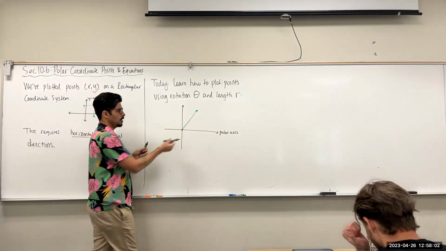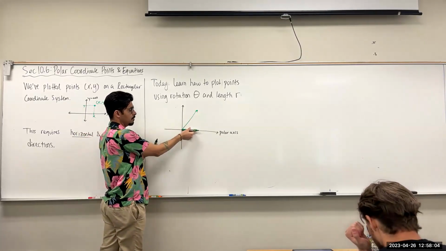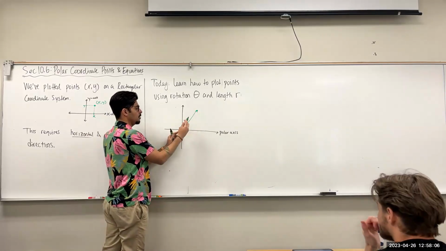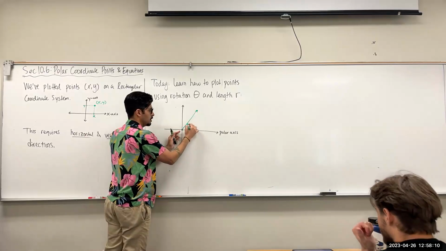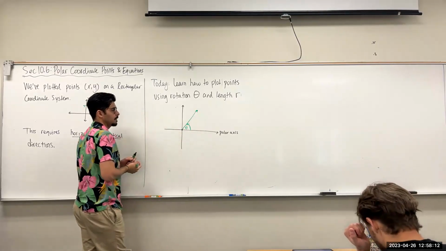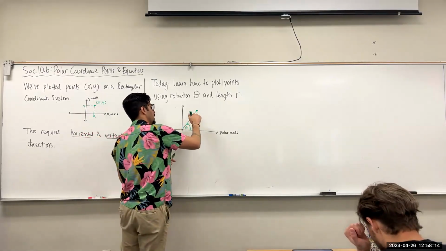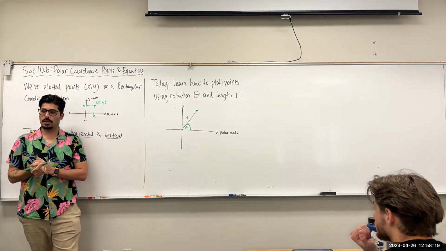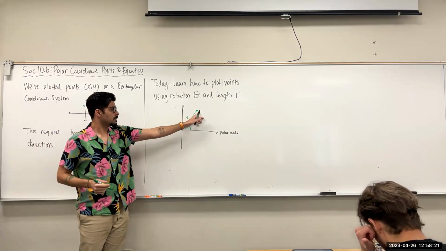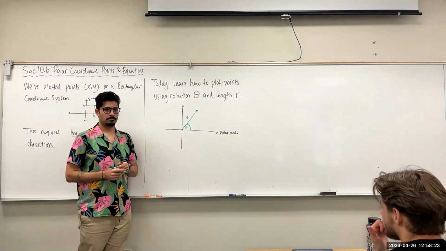Okay? So you got your ray starts at angle 0, and then it rotates by a certain angle theta, just as we've been doing it. And the length of this ray is what we're gonna call r. That's the length of the ray. How far this point is from the origin.